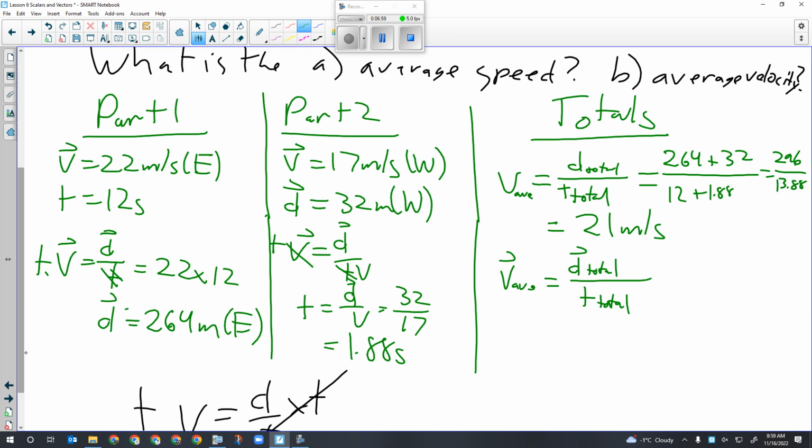I'm going to have my 264 meters, that's east, minus the 32 meters west. Is my time still going to be 13.88? Yeah, that doesn't change. I didn't go back in time because I went west. So I'm going to have 232 meters east divided by 13.88.